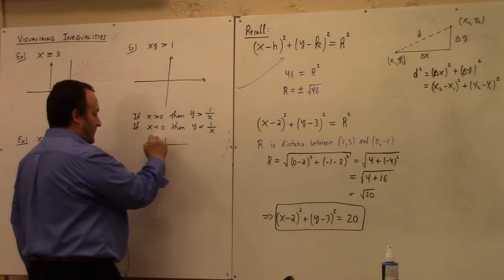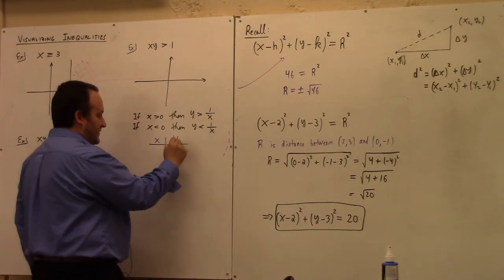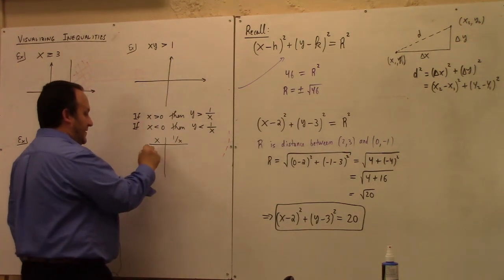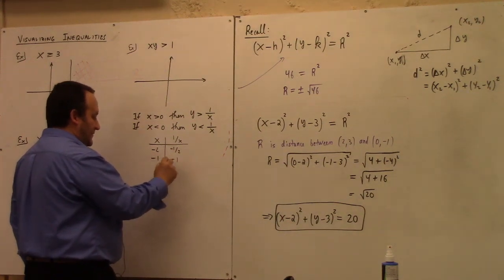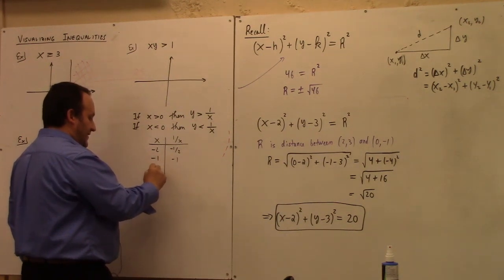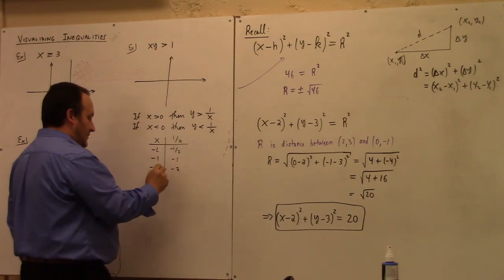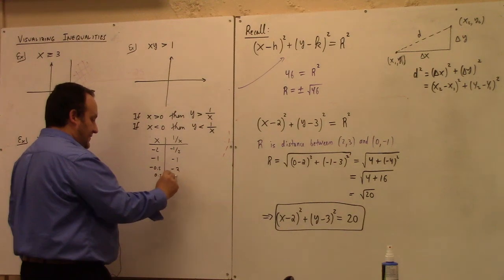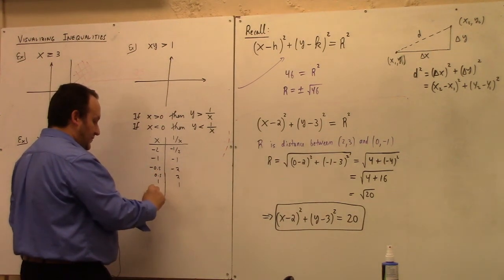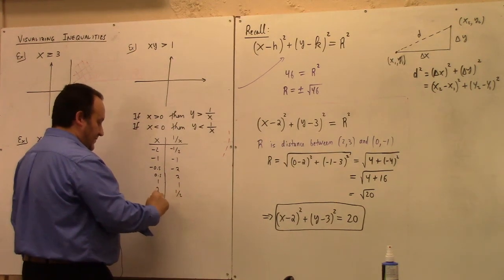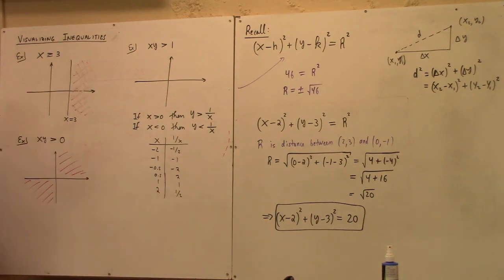Here's x, here's 1 over x. I'll start with minus 2, which gives minus a half. Minus 1 gives me minus 1. Minus 0.5 gets me minus 2. 0.5 gets me 2. If I plug in 1, I get 1. If I plug in 2, I get 1/2. It just flips over the entry.